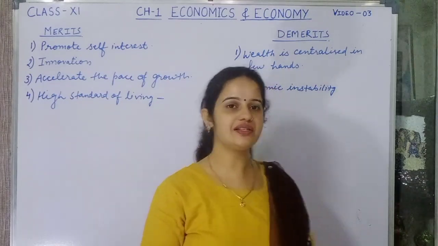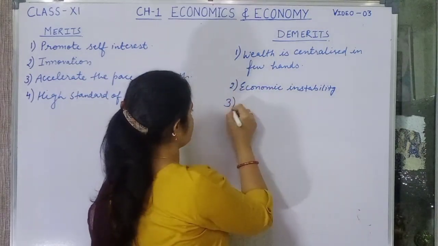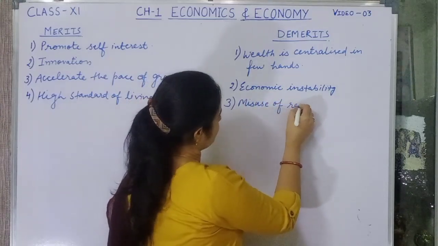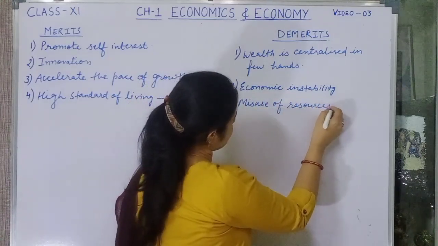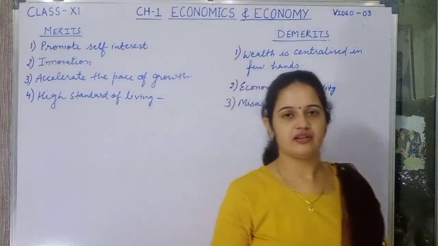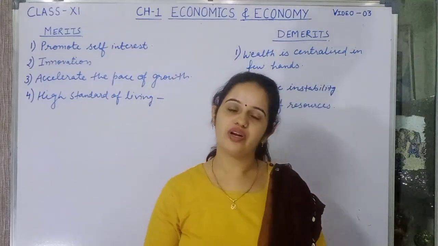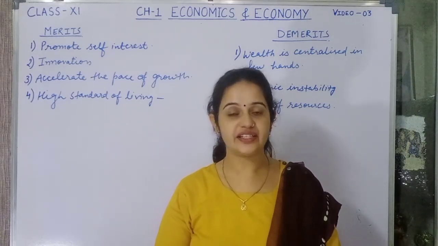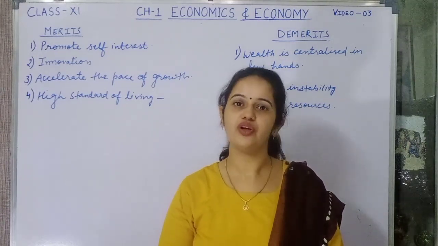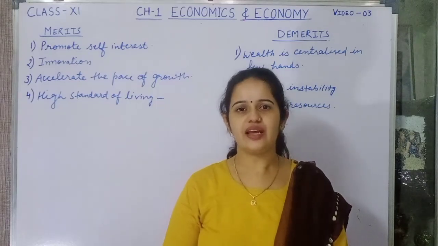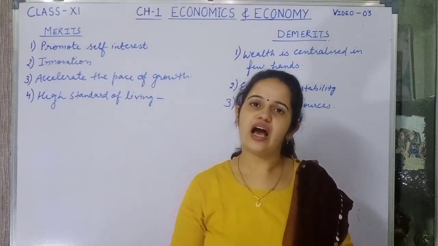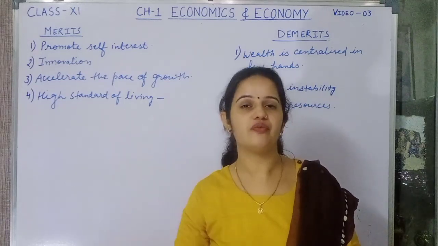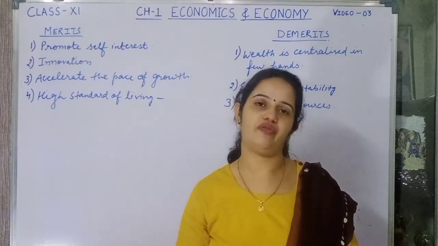Third point is misuse of resources. Again the same thing, that ownership and control are in the hands of private individuals and the target is profit motive. So sometimes the natural resources are misutilized or misused to earn more and more profit.